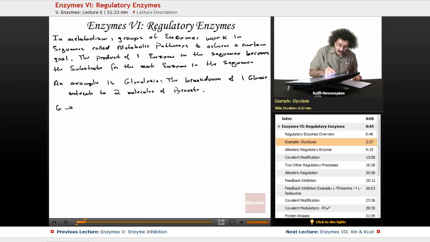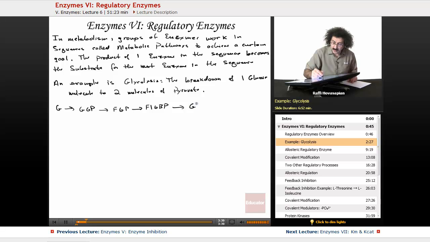We have glucose going to glucose 6-phosphate, going to fructose 6-phosphate, going to fructose 1,6-bisphosphate, going to glyceraldehyde 3-phosphate, and dihydroxyacetone phosphate. The dihydroxyacetone phosphate is converted to another molecule of glyceraldehyde 3-phosphate.